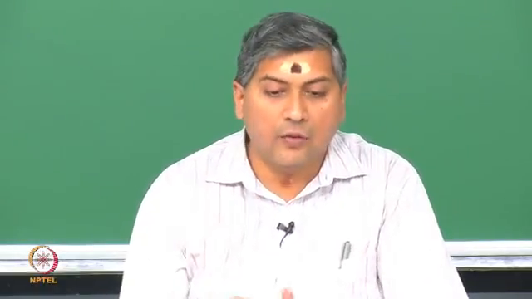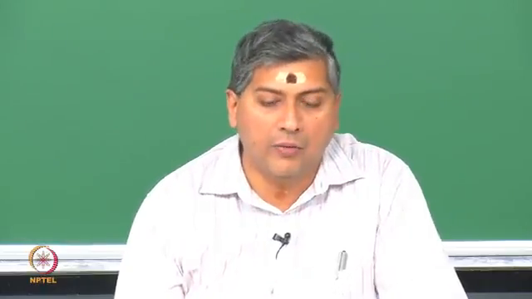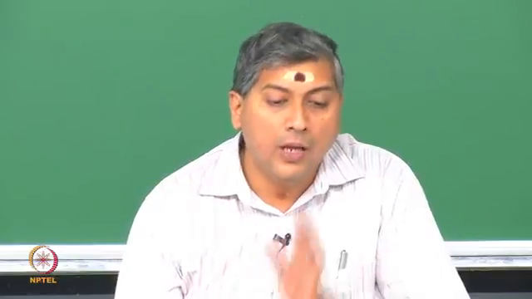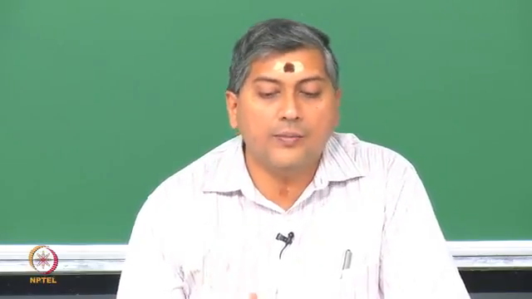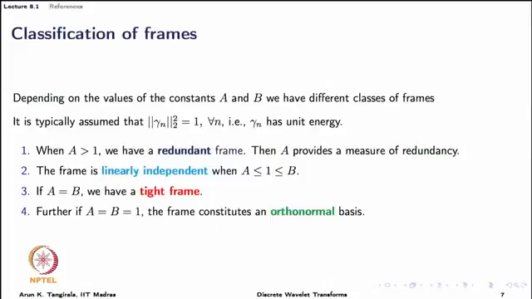Now, we shall examine quickly different possibilities. Obviously, A and B are both greater than 0, and we will also assume that the gamma n's have been normalized to have finite energy. So, the first frame that we have is a redundant frame when A is greater than 1. What does A greater than 1 mean?